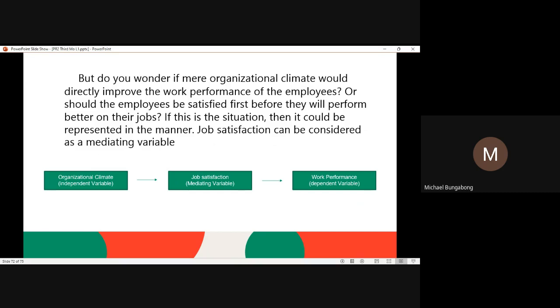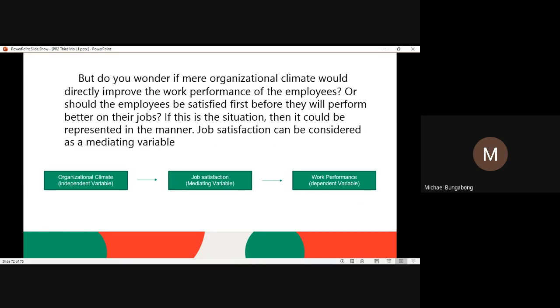Kasi alam natin yung organizational, kung ano yung climate niyan. Ang pumapagitna dyan is the question of satisfaction. So pwede nating ilagay as mediating variable is the job satisfaction. Okay? May organizational climate na tayo. Ang magiging sagabal dyan or parang mediating variable to perform the employees is the job satisfaction.